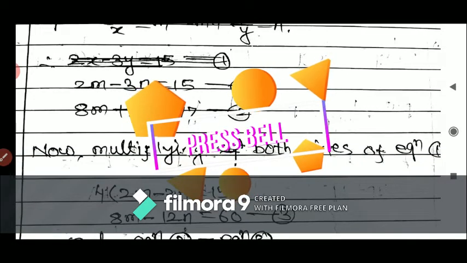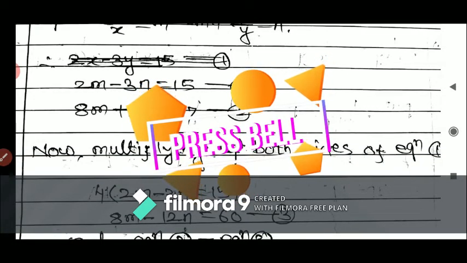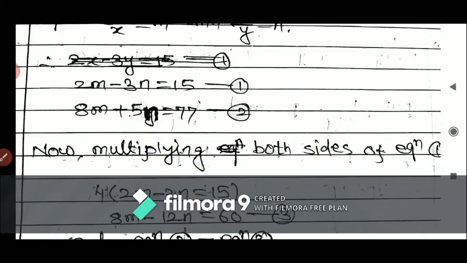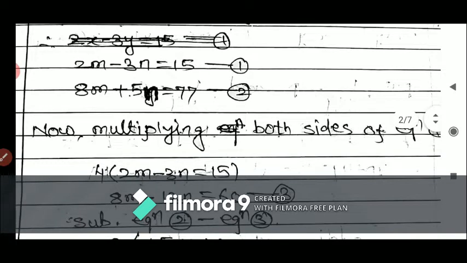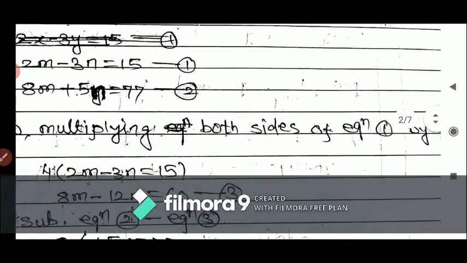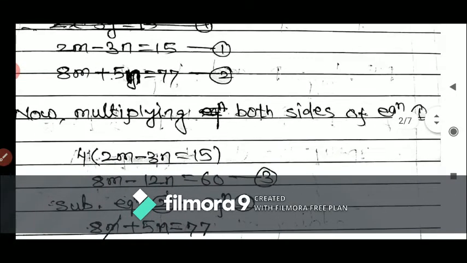Now we solve these two equations by elimination method. First we equalize the coefficients of variable m, so multiplying both sides of equation 1 by 4, we get the new equation 8m minus 12n is equal to 60. Give this equation number 3.